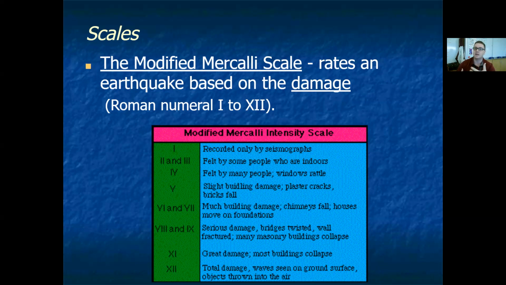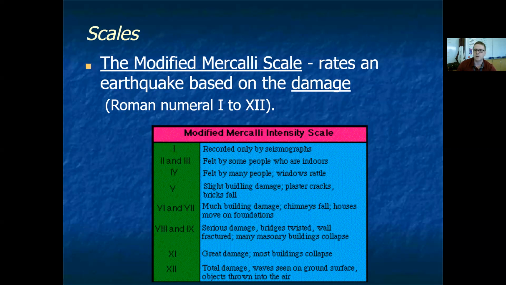There's technology that's getting better, but what scientists still do with tornadoes is they wait until that tornado passes, then they go into the areas and analyze the types of damage that were done by that tornado event. The modified Mercalli scale uses the same methodology. After an earthquake happens, scientists go into the area, look at the damage that was done by the earthquake, and based upon the intensity of the damage, they rank it from 1 to 12 using Roman numerals.